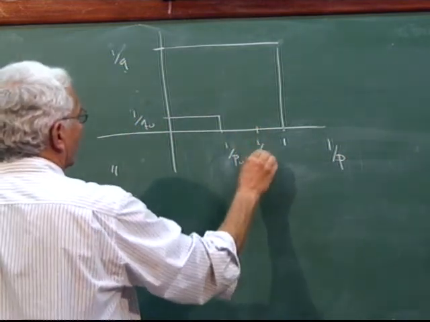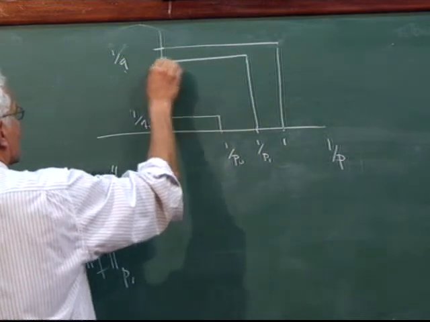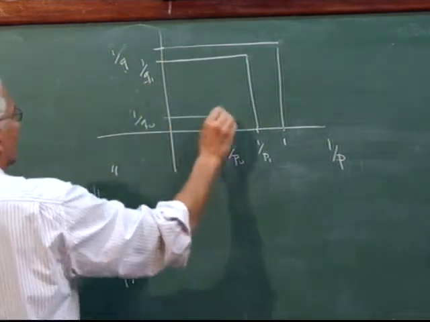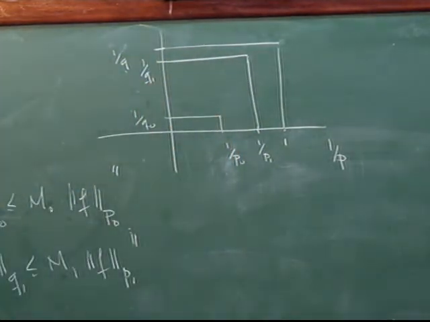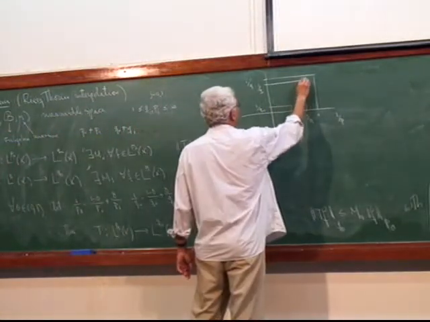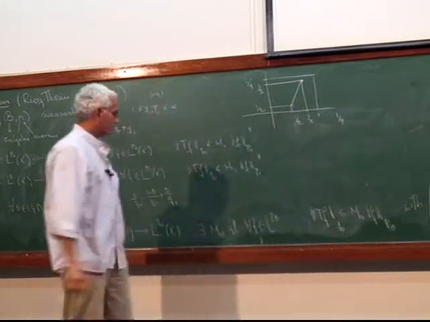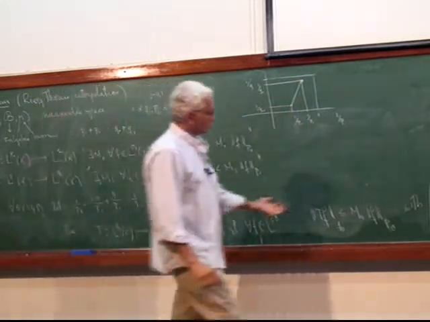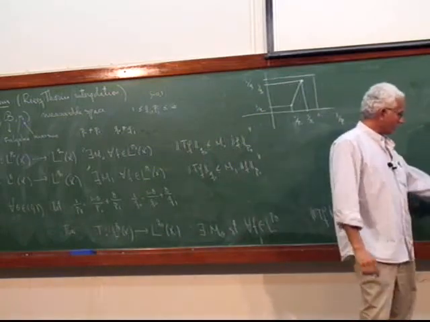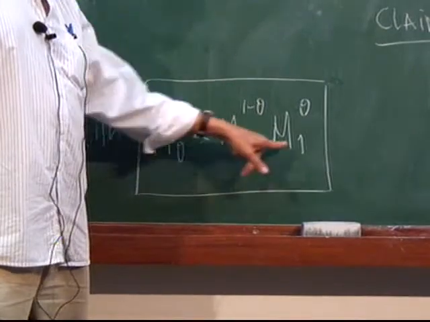And this is 1 over p1, 1 over q1. This combination gives you, if you have continuity here, you get continuity in the middle. That's what you're saying. And moreover, the constant is bounded by a logarithmic combination of these two.